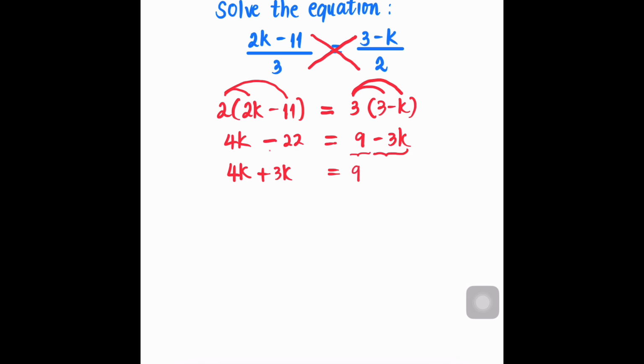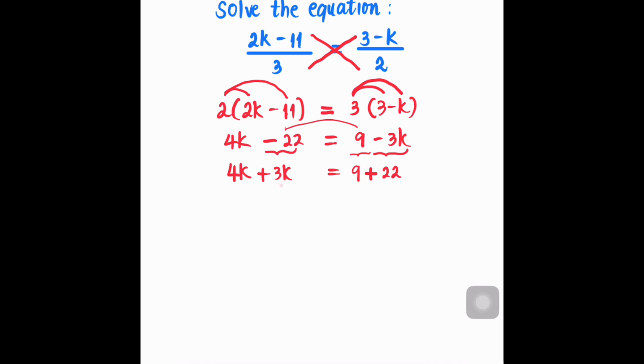However, negative 22 needs to jump over to the right-hand side. So from negative, it will become positive 22. So that's one important rule that you need to remember. Once a term jumps over from left to right or right to left, you always change the sign to the opposite.